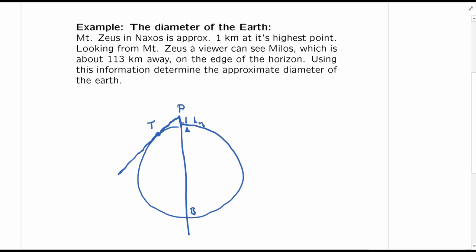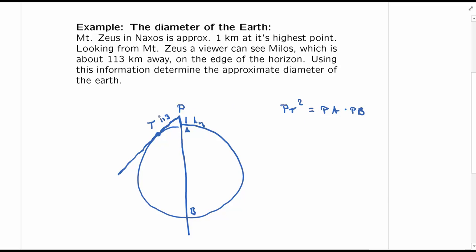All right, so now what I know is that Milos is 113 kilometers away from the mountain. And so I'm going to write that this part here, PT, is 113. And so now what I have is that PT squared is equal to PA times PB.